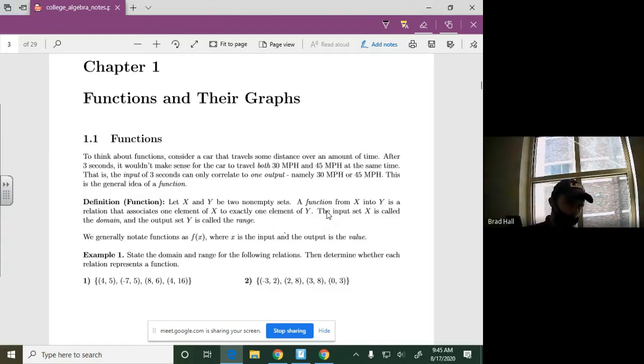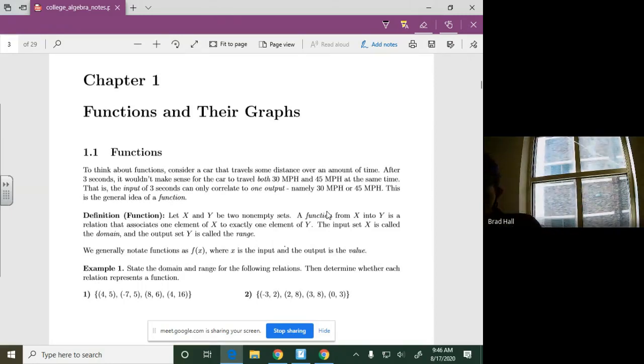The collection of inputs is called the domain. The collection of outputs is called the range. These are terms that will come up later, in fact in example 1, immediately.